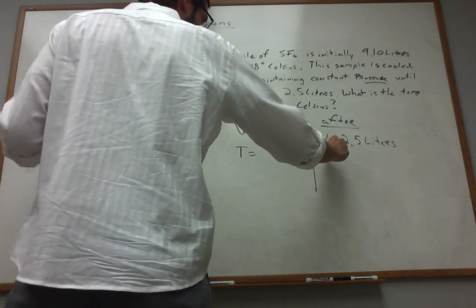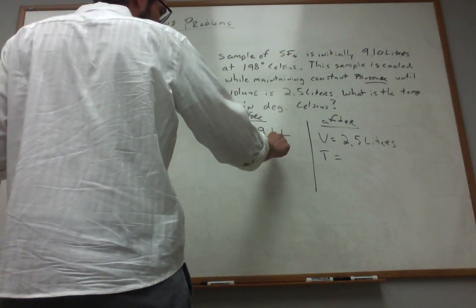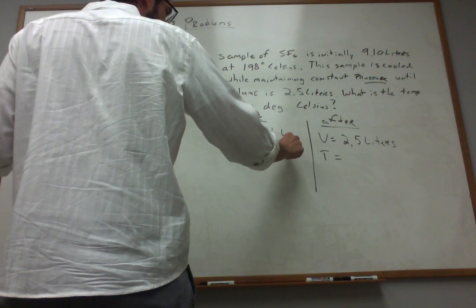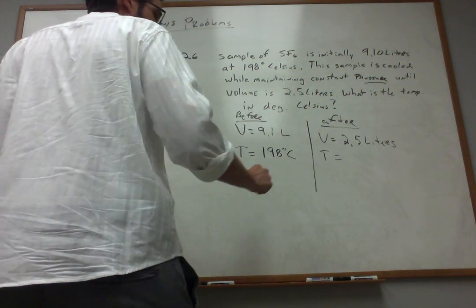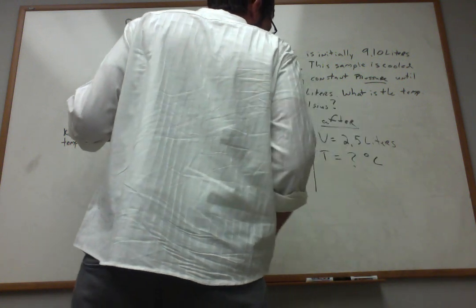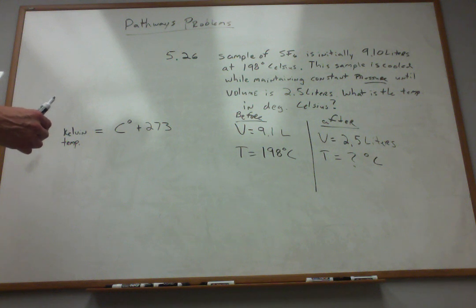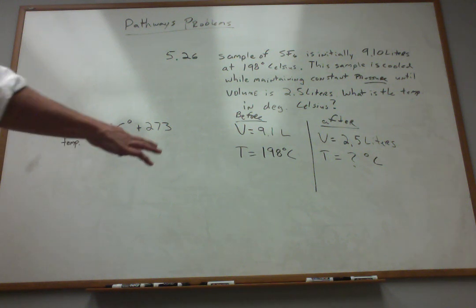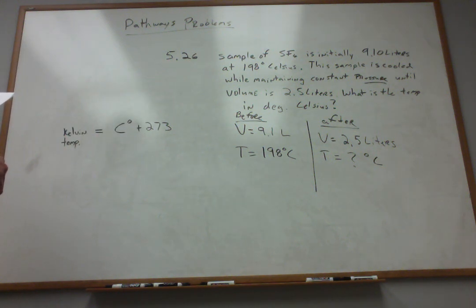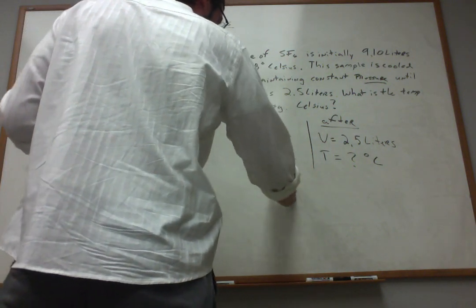Before, the initial temperature was 198 degrees Celsius. At the final temperature, we don't know how many degrees Celsius it is. We're trying to find that, but we know there's some temperature that makes this math work out. And that's the trick, we have to find that temperature.